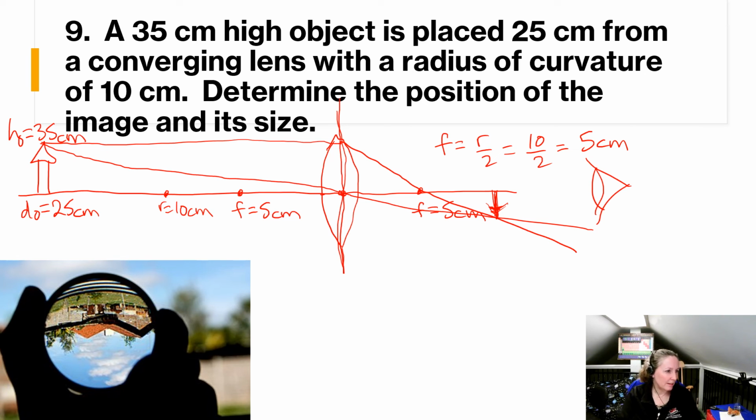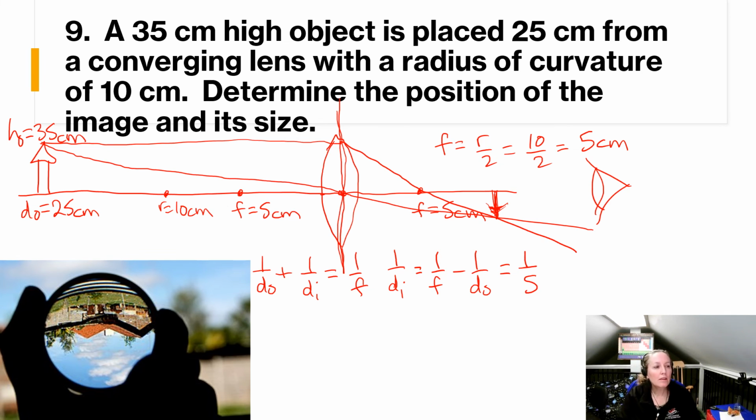Now we get to use those same formulas again. And again, the trick is what is positive and what is negative. So what do we have? We have 1 over distance of image is equal to 1 over focal point minus 1 over distance of object, which is going to equal, what do you have here? We have 1 over 5.